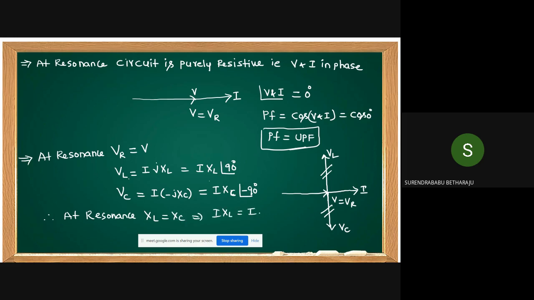I into XC. I'm talking about the magnitudes. This is equal to VL equal to VC. The magnitude of voltage across the inductor equal to the magnitude of voltage across the capacitor. This is the plus 90 degrees and this is the minus 90 degrees. Yes, students, any doubt?